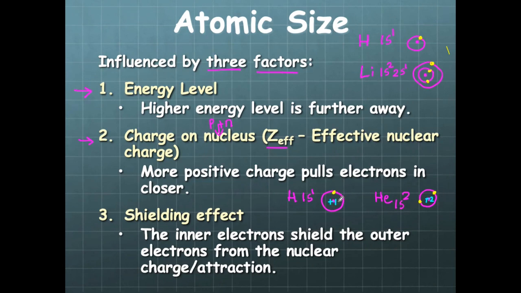So let's compare the size of this atom to the size of this atom. Both hydrogen and helium have electrons in the first energy level. The only difference between them is that the charge of the nucleus is higher for helium as compared to hydrogen.